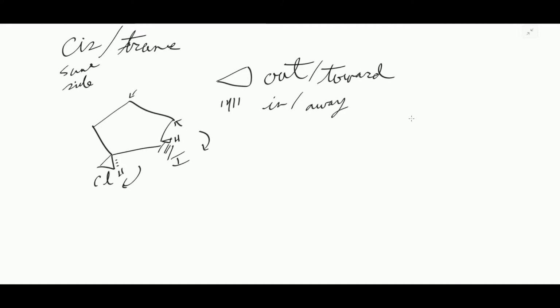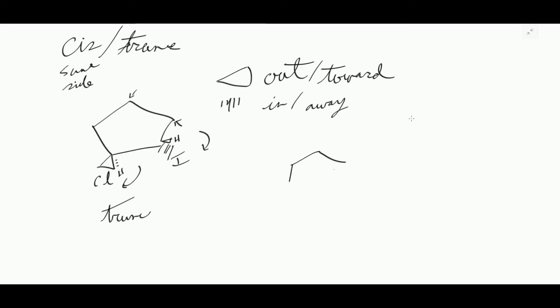All right, so this one here, the chlorine is coming out, the iodine is going back or away, so this is going to be a trans chloroiodocyclopentane. 1-chloro, 2-iodo.